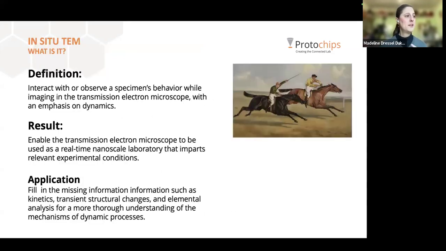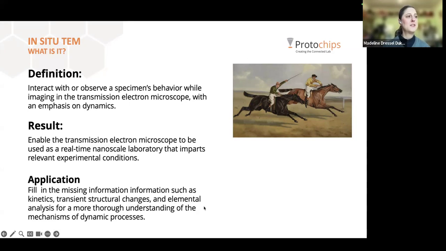What in situ TEM really refers to is techniques that allow us to take a specimen and image it in the TEM in a more natural environment. So not necessarily just the high vacuum: liquid, gas, or applied stimuli such as different temperatures and electrical analysis. What we want from that is to really be able to watch dynamically what's happening in the microscope.